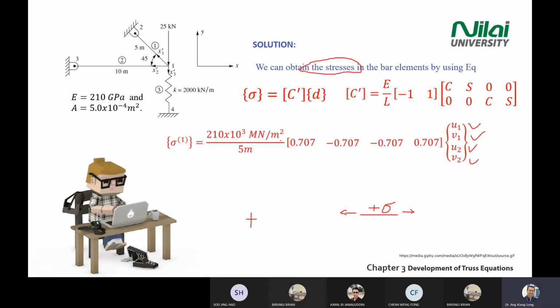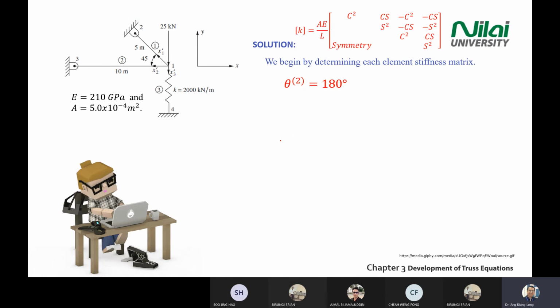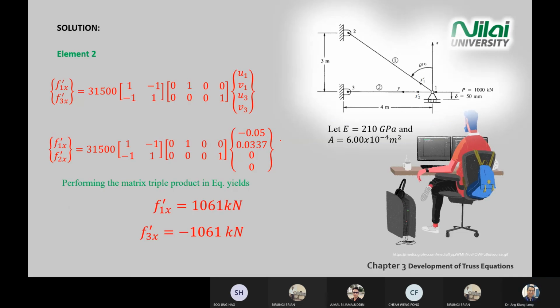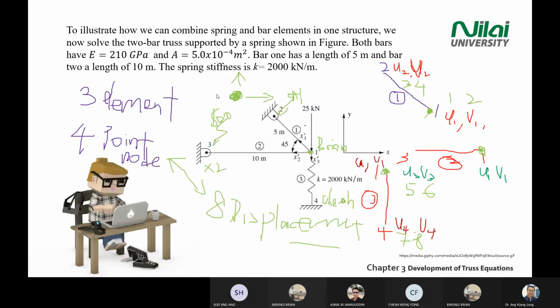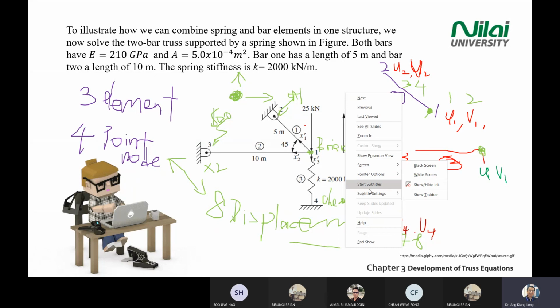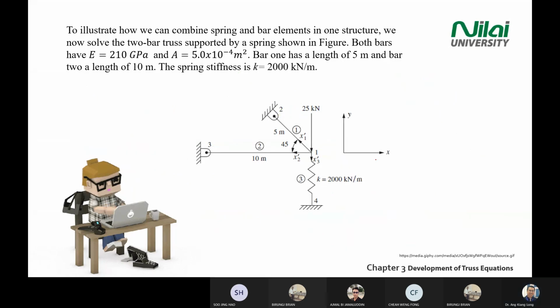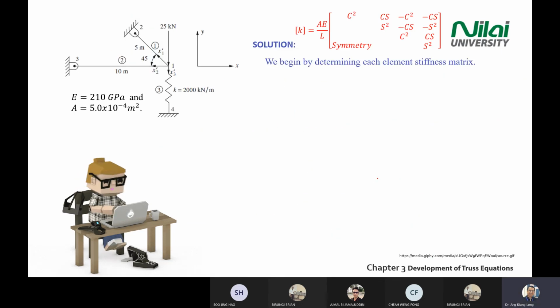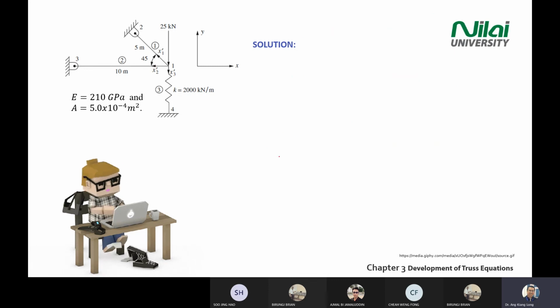The question asks you to solve for the bar elements, so solve the 2 bars. If you look at the K, even though you don't need to solve it, look at element 3.